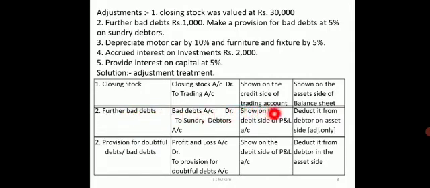So it is taken in the debit side of profit and loss account because it is a loss, and that amount is to be deducted from the asset side in debtors. Only the adjustment is to be shown in this particular part.